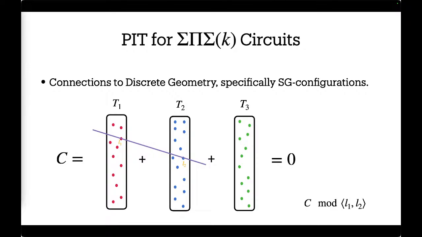Clearly T1 will vanish, also T2 will vanish, so what we will be left with is T3, and that basically means that T3 mod L1, L2 is 0, and since the ideal generated by L1, L2 is prime, there is another point that lies in the span of L1, L2, so there must be some L3 that lies in the span of L1, L2.